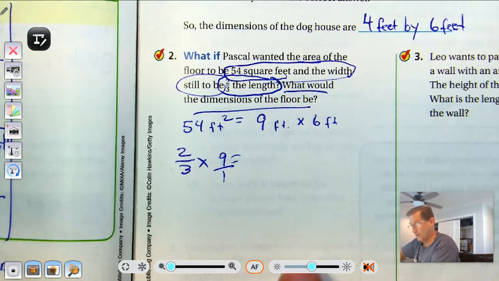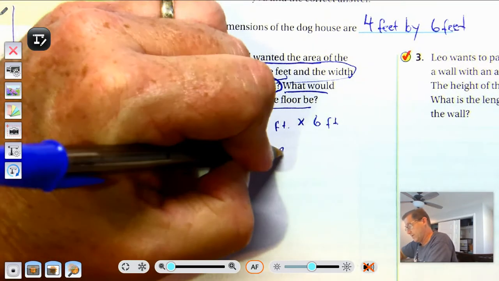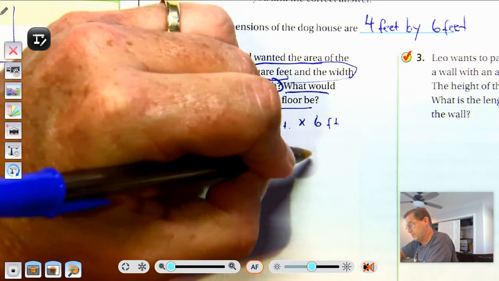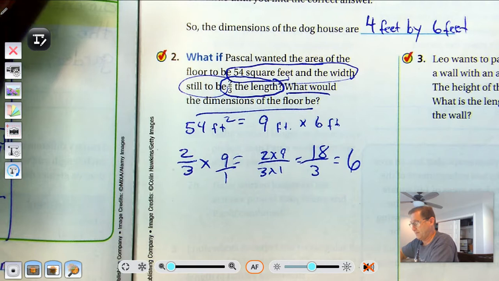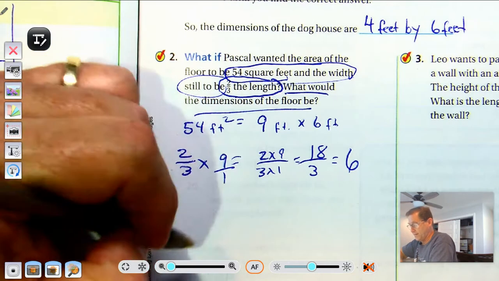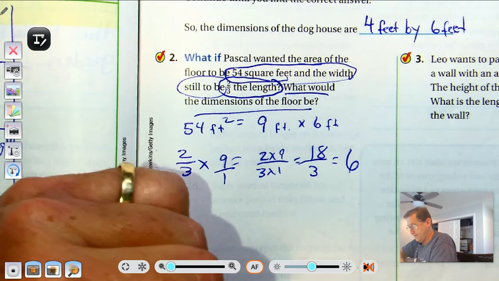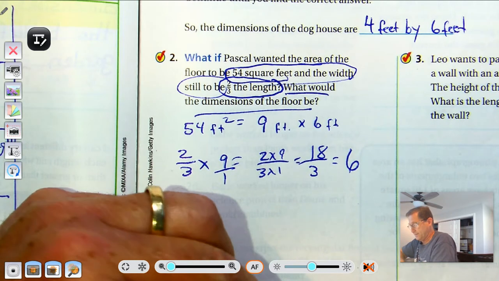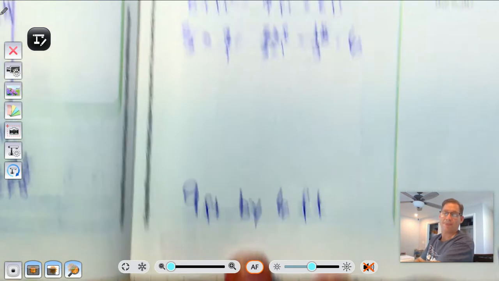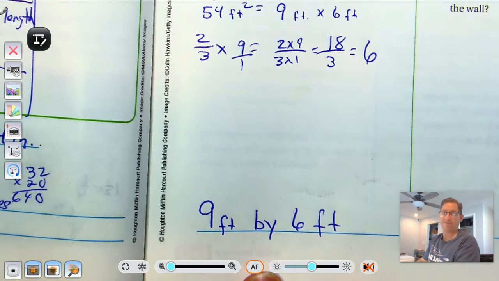So I can write 9 as 9 over 1, and 2 times 9 over 3 times 1. 2 times 9 is 18, 3 times 1 is 3, that gives me 6. So yes, the dimensions would be 9 feet by 6 feet.